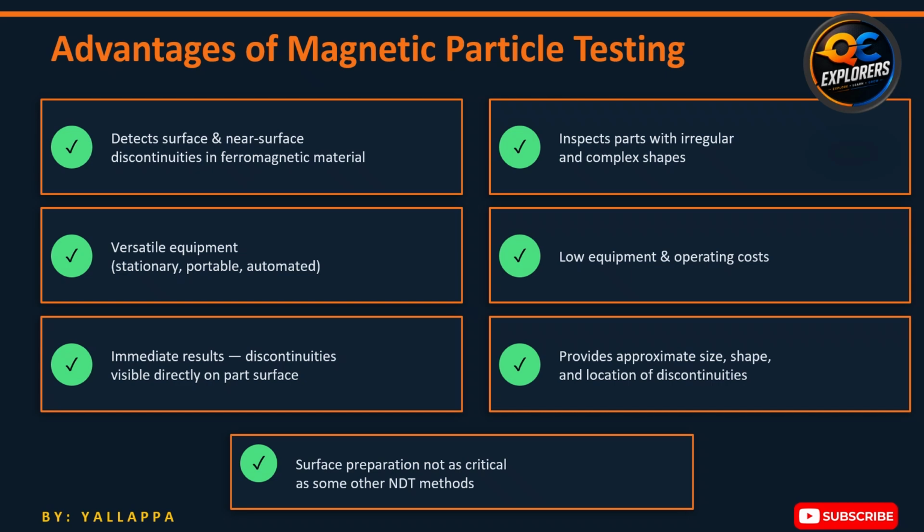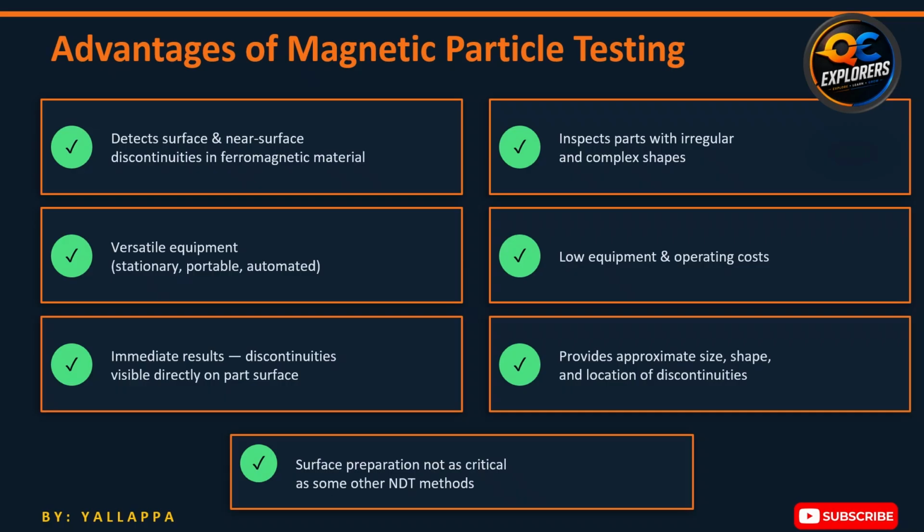Finally, compared with some other NDT methods, surface preparation requirements are generally less critical, although the surface must still be clean enough to allow proper magnetization and reliable interpretation of indications.